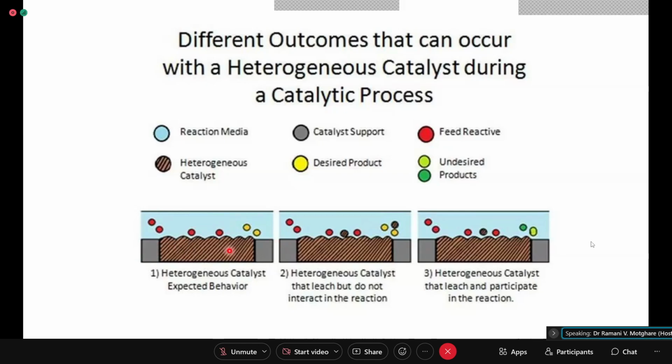The heterogeneous catalyst is shown here, and this is the expected behavior: the feed reactants, or the adsorbate, will be adsorbed on the surface of the catalyst, and because there will be a high concentration of it on the surface, the rate of reaction will increase and the desired product is formed, and it leaves.